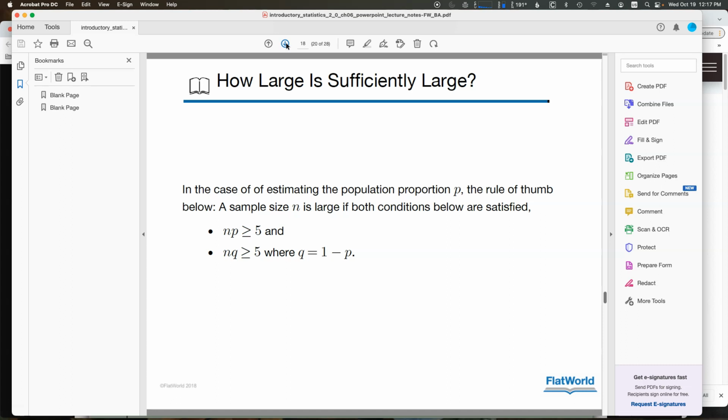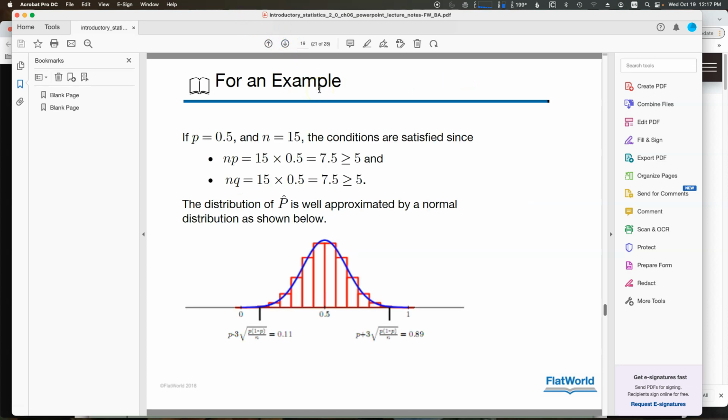Let's look at an example to make this a little bit more meaningful. Let's say that our sample size is 15, and that the mean of our proportion is 0.5. Well, 0.5 times 15 is 7.5. That's greater than 5. And n times q, that's going to be 15 as our n, and remember q is 1 minus p, so 1 minus p is 0.5.